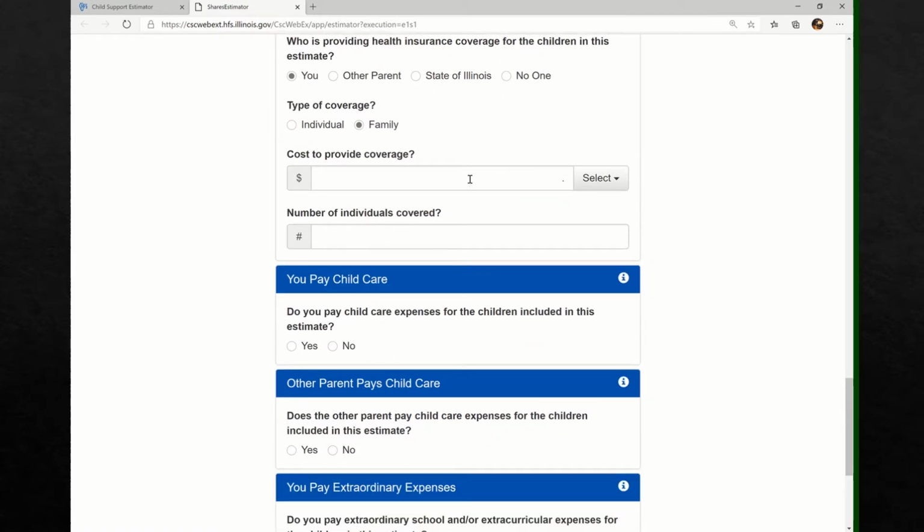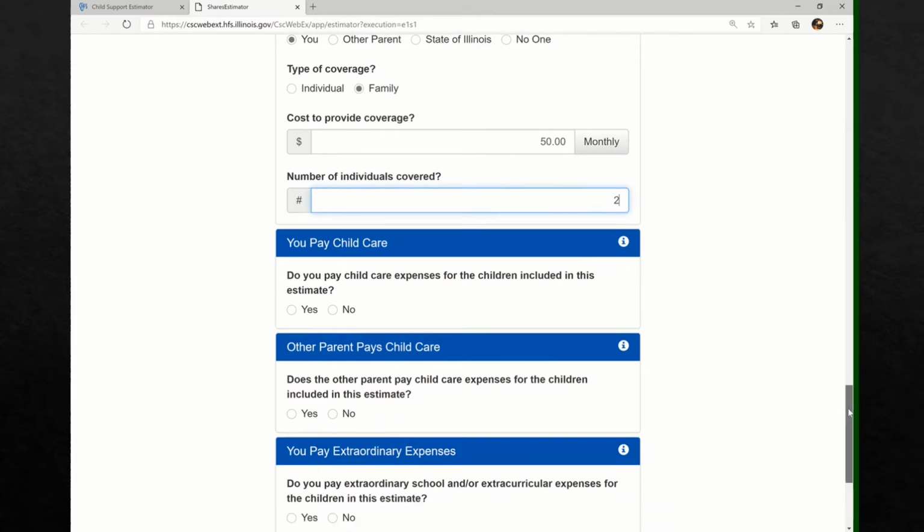Cost to provide coverage. Let's say you pay $50 a month. Maybe you have really good coverage from your employer, and all you have to do is pay $50 a month to cover both of you. Number of individuals covered, 2, which is you and the child.